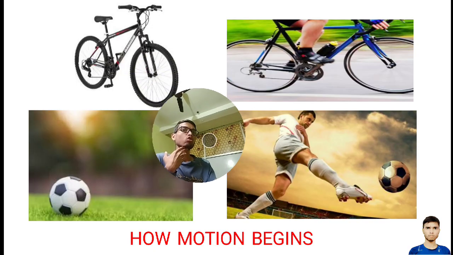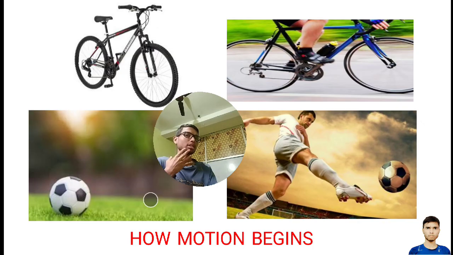From this slide, what are you understanding? Here the object, a cycle, is at rest, but here the cycle is in motion and someone is riding.